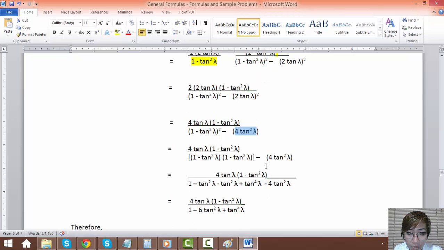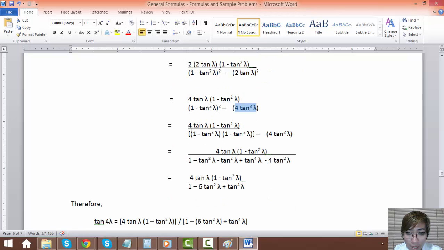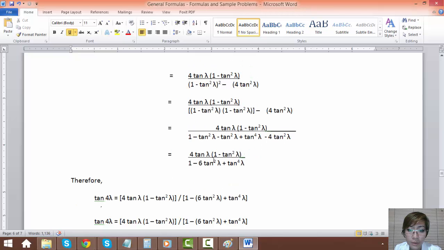Since these terms are the same, with variable tangent squared lambda, we can combine those. Negative 1 minus 1 minus 4 will result in minus 6 tangent squared lambda, plus tangent 4 lambda. Or to be clear, I will highlight the like terms. So we combine those and get negative 6 tangent squared lambda.